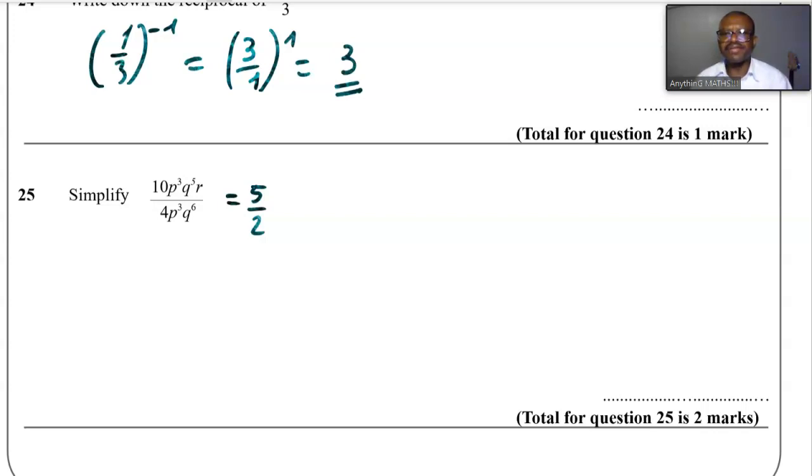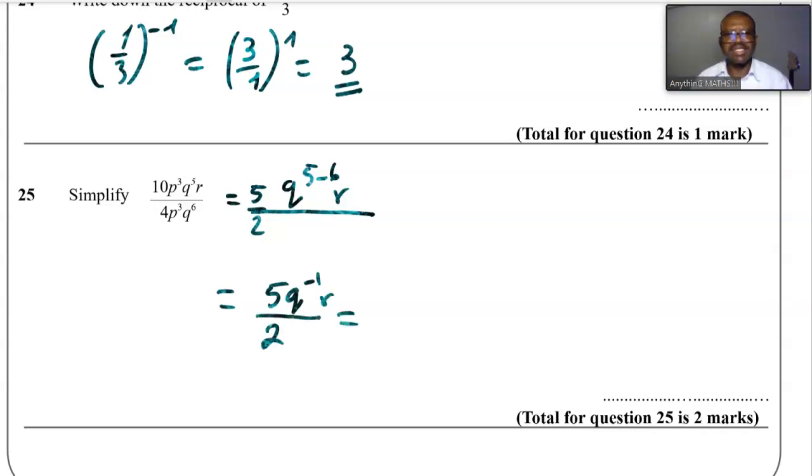And you have q raised to the power 5 divided by q raised to the power 6. So we can say is q 5 minus 6. And we don't have r. So what you're going to get is q raised to the power -1 r all over 2, which is the same as 5r all over 2q.